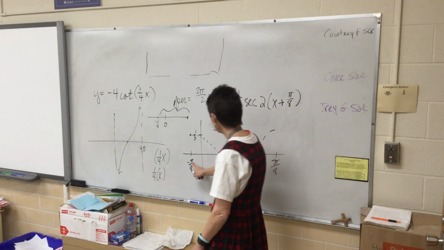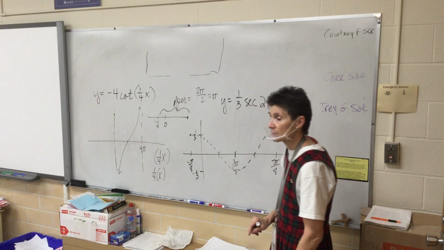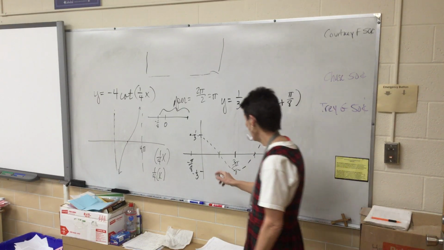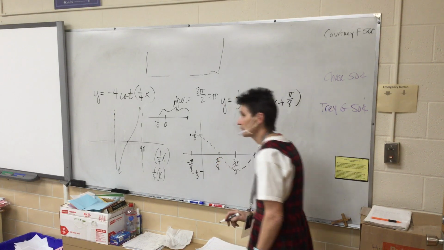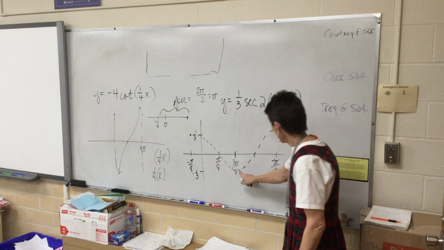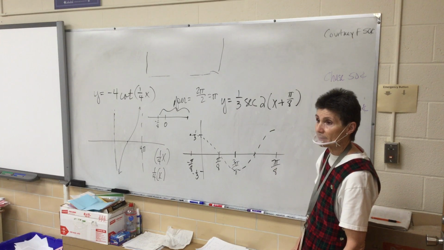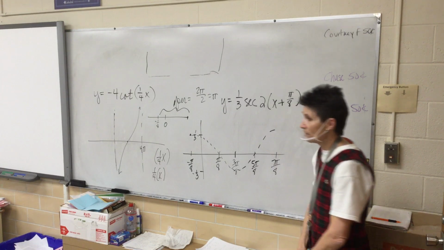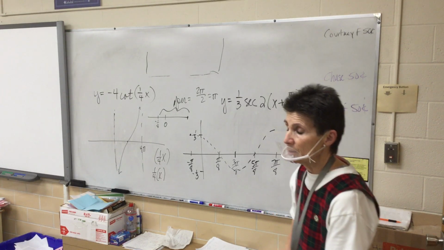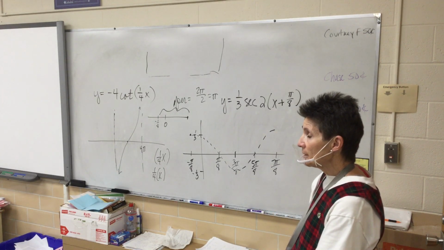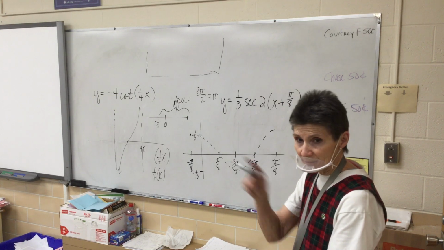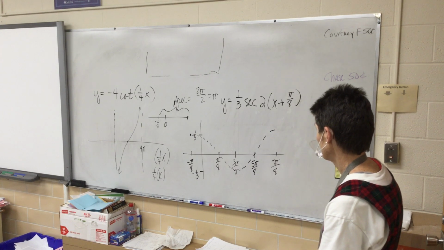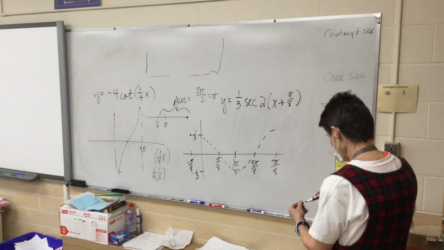What's in the middle of -1 and 3? -1 plus 3 is 2, divided by 2 is 1. 3 plus 7 is 10, divided by 2 is 5. So there are my labels. If you want something that's in the middle of something, you add them together and divide by 2, and that's how you find the middle. So that's a beautiful little cosine.